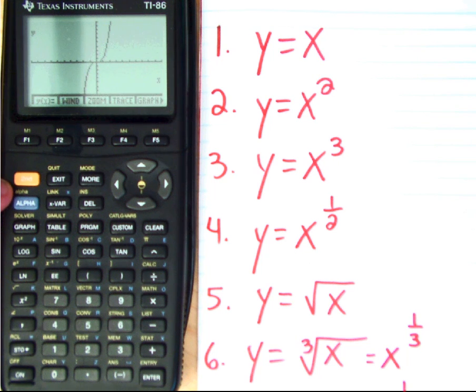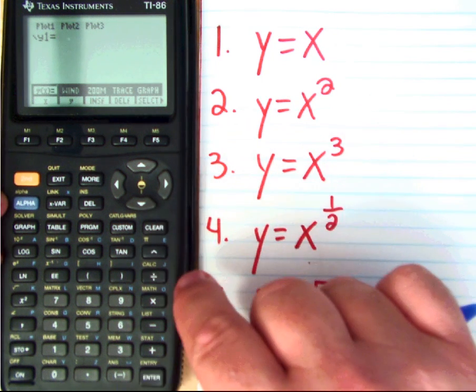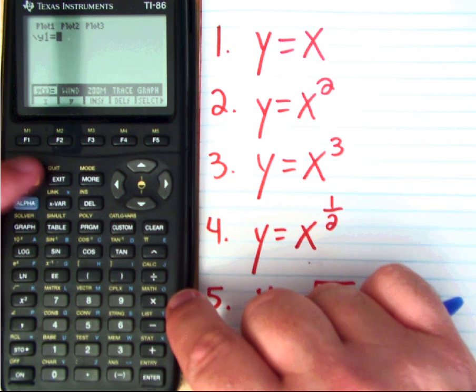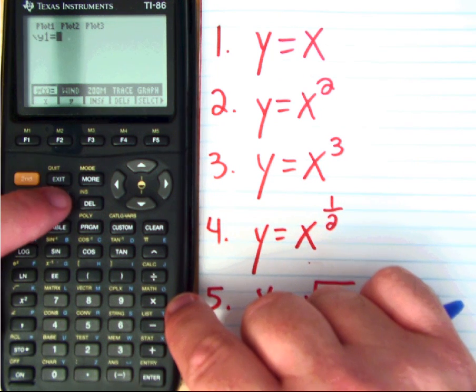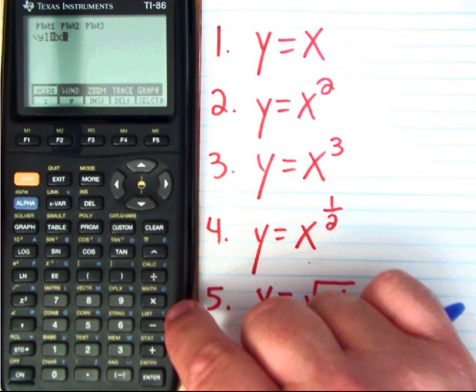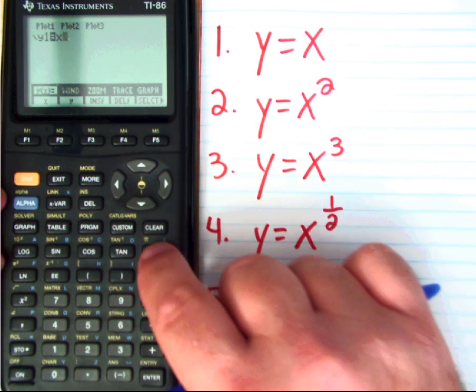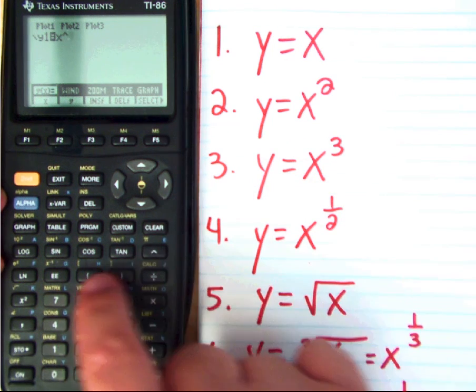Now y is equal to x to the 1/2. Anytime you have more than a single number or a single variable in your exponent, you need to put parentheses around it. So let me push F1 to access the y of x. Now press clear to clear whatever's in that line. I'm going to press this right here, but you can also see there's an X var here. If you push that, that does the X key too. Then caret, and then we have to put parentheses.